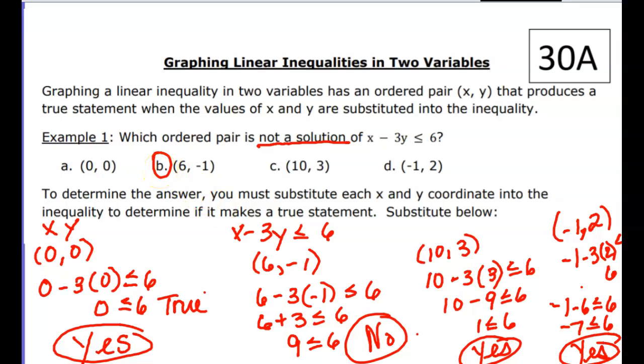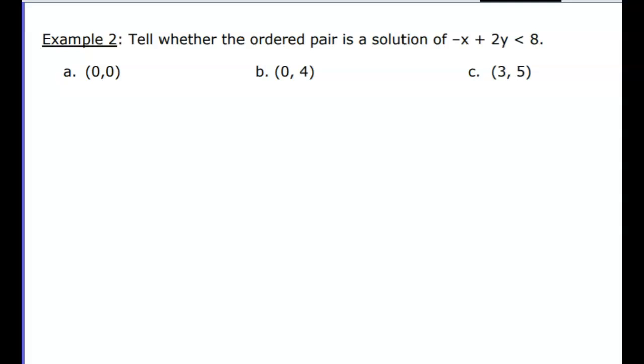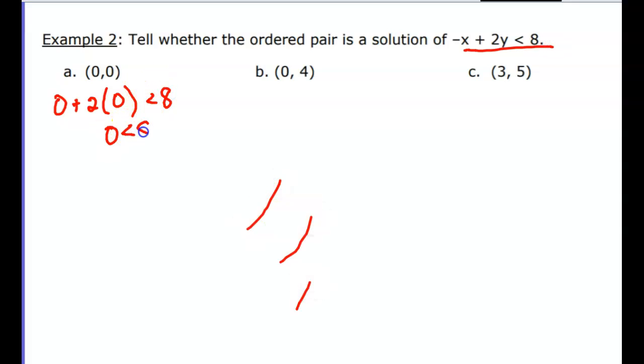All right, so let's try one. If you guys want to try it on your own, you can pause the video, and then play it back and check each one of these. So we'll just plug in the values into this inequality. It's a true or a yes.